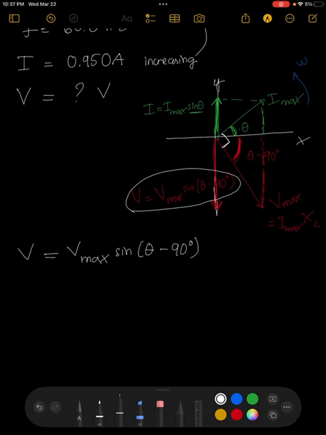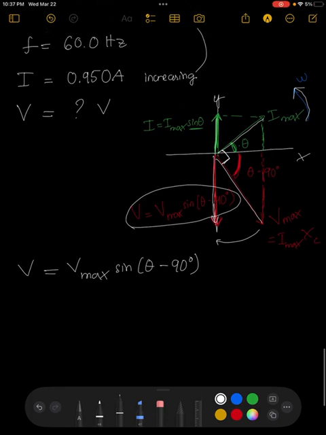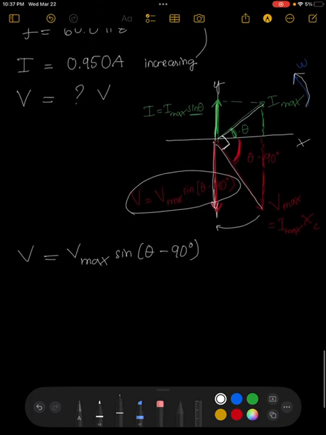The reason why Imax is here and instantaneous I is to the left, but Vmax is here and instantaneous V is to the right, is because the current rotates counterclockwise, but the voltage rotates clockwise relative to the current. Okay, so we were not given the Vmax though.